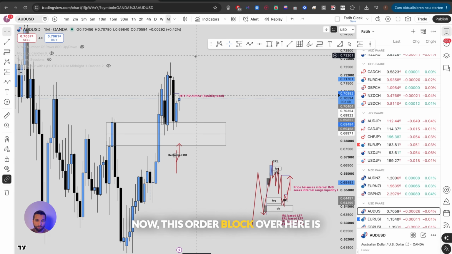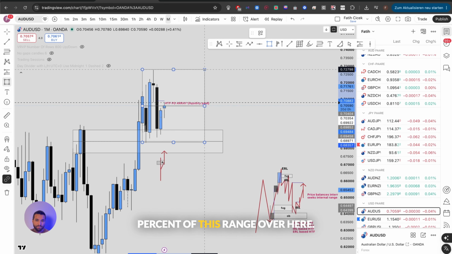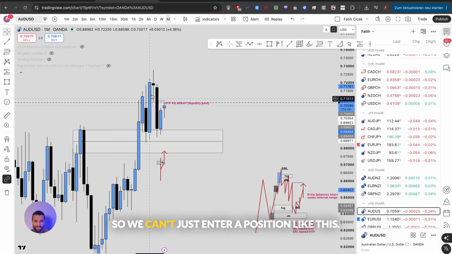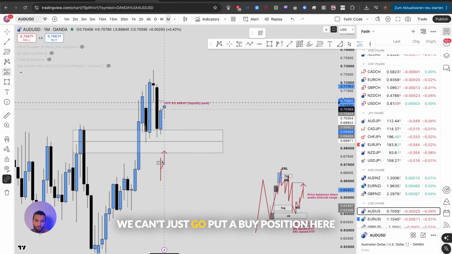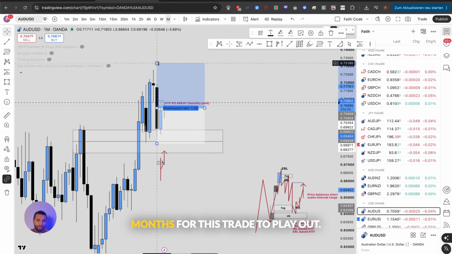Now, this order block over here is too large because it's almost 50% of this range over here. So we can't just enter a position like this. We can't just put a buy position here, because we're going to wait entire months for this trade to play out.